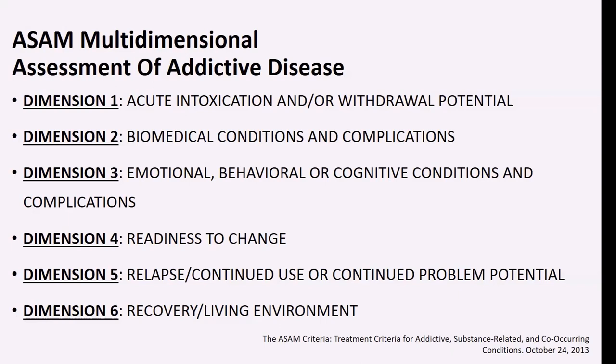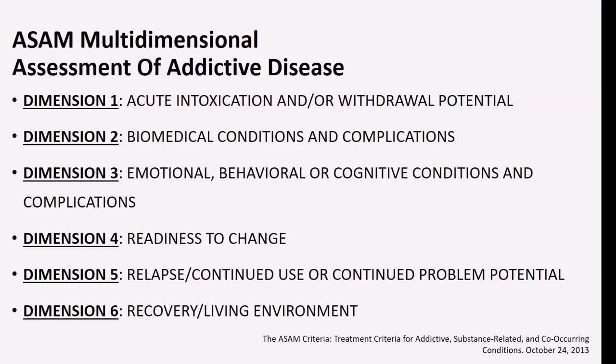So you pick the substance, and there's going to be a Dimension 1 issue if they've used it in the last week. Dimension 2, biologic or medical conditions. Does it matter that the person has addiction in the setting of CHF? I would say so. How about chronic kidney disease? How about severe hypertension?